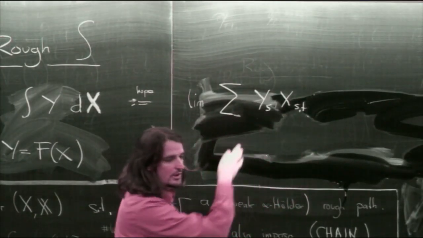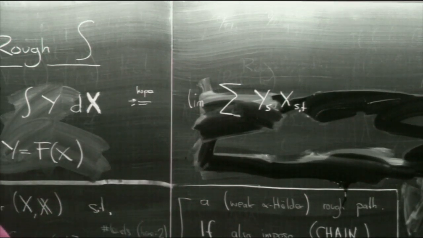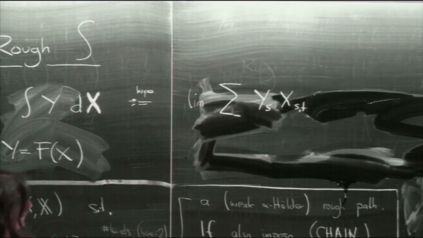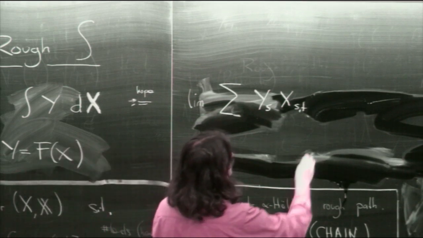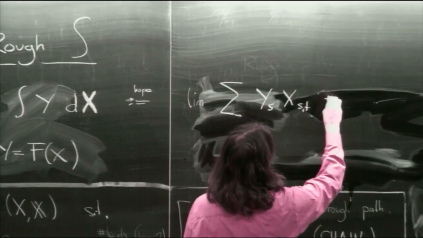Well, this would be the usual left point Riemann-Stieltjes approximation. And of course, you know that thanks to probabilistic cancellations, in the Brownian motion case, it will work. It will give you the Ito, but it's not very robust.